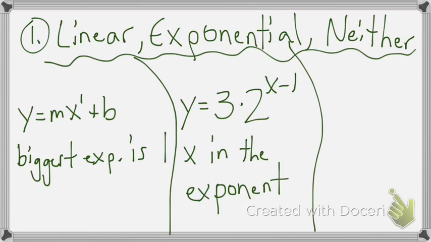An example of a neither would be something where there's an exponent that's bigger than 1, but it's not an x. So something like this would be neither. It's definitely not linear because the biggest exponent is not a 1, it's a 2, and there's no x in the exponent. So that's an example of neither. This would be an example of a neither. Yeah, it's pretty much the only ones you're probably going to see.